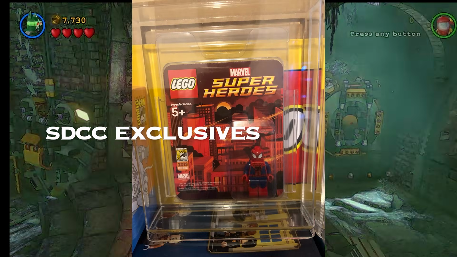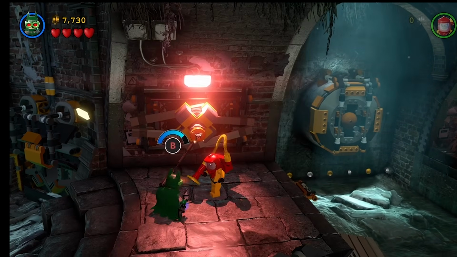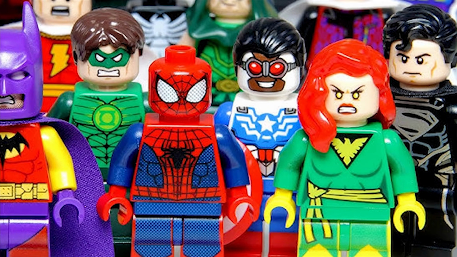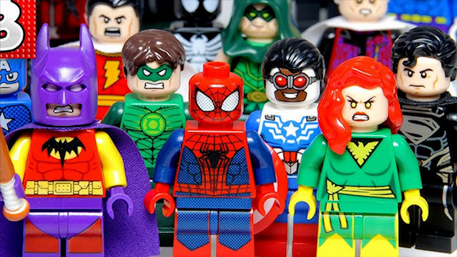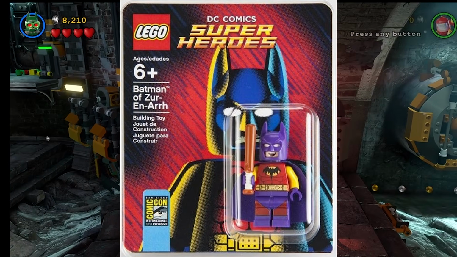SDCC exclusives. SDCC stands for San Diego Comic-Con, which is really considered to be the premier comic convention in the world. LEGO will often have exclusive minifigures or sets based off of DC and Marvel superheroes that can only be acquired by attending the convention.